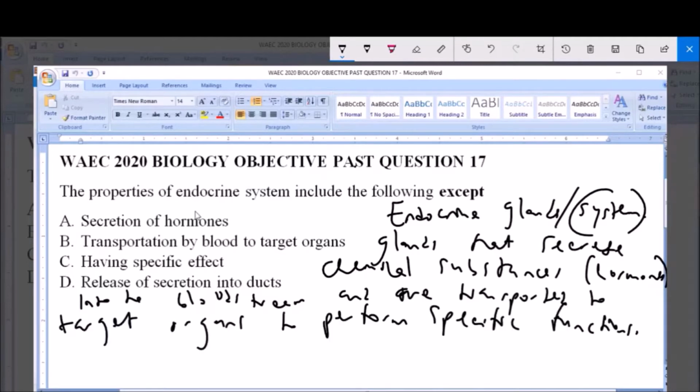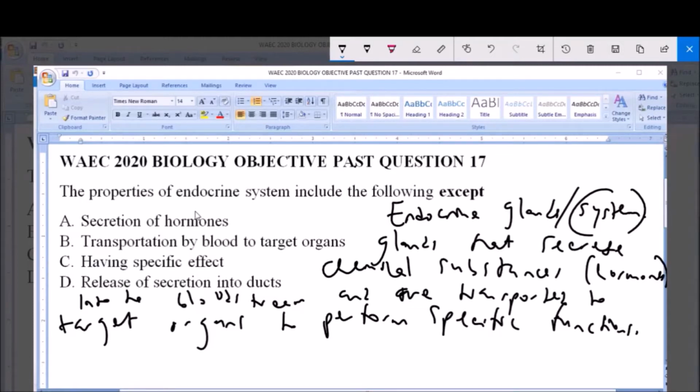Now, secretion of hormones, as we have stated in the definition, is one of the properties of the endocrine system. The endocrine system, which consists of endocrine glands, secretes chemical substances which we call hormones. So secretion of hormones is part of the properties and is not the answer to this question. Now, you have transportation by blood to target organs, which we stated here.